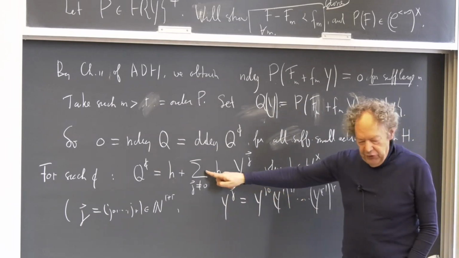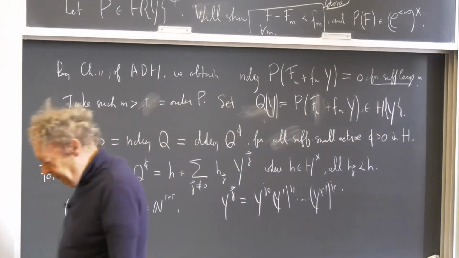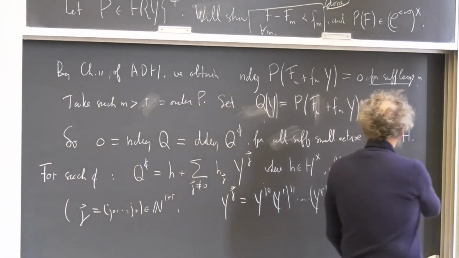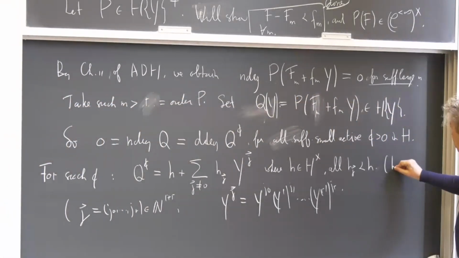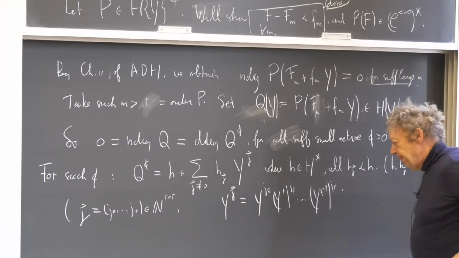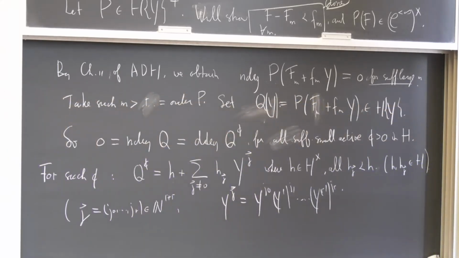And of course, this is only a sum of finitely many terms, a finite set of j's. And the coefficients h and h_j are all in H itself, or if you also say in H^phi, the compositional conjugate, they have the same underlying set. But anyway, right. I just wrote down what it says: the Newton degree is 0.